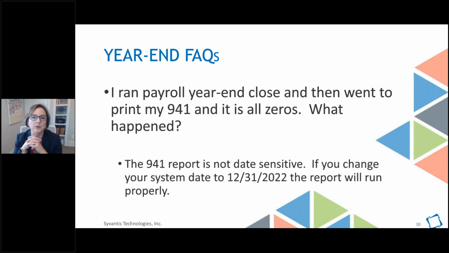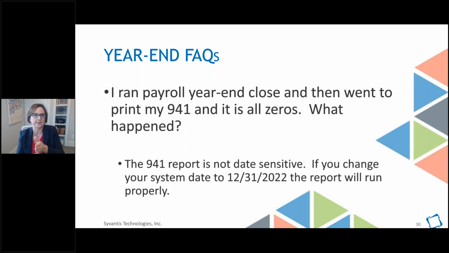This is a common one. I ran payroll year-end close, and I go to print my 941 and it's all zeros. Super confusing. When you're running your 941 report, the way Microsoft has built it, your system date is what tells which year you're in. Quarters aren't a problem, but years are.